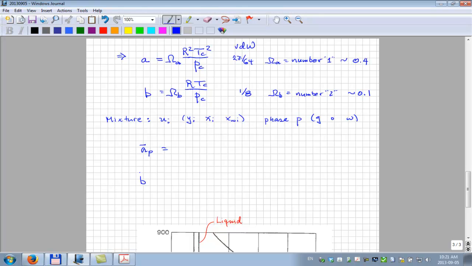He gave a method for calculating the average A and the average B of that phase. The B is the simplest. It just takes the mole fraction of component i times the value of B for component i, in a so-called linear mixing rule for all of the components. We might have 10 components or 40 components or 100 components, however many components describe your system.